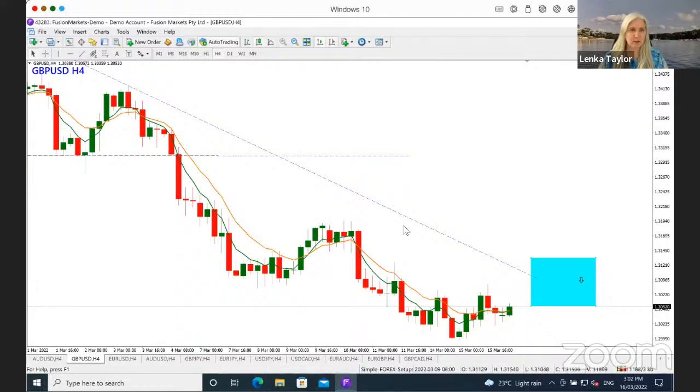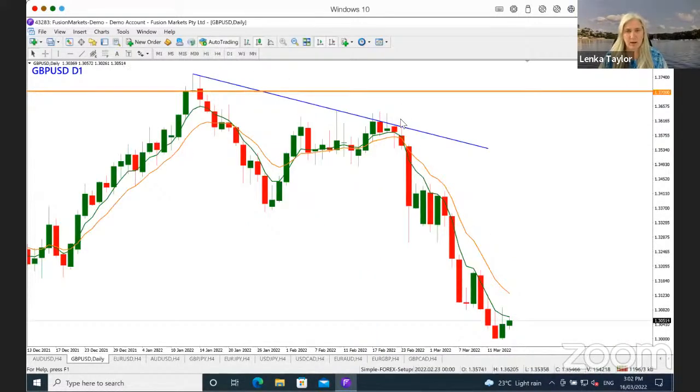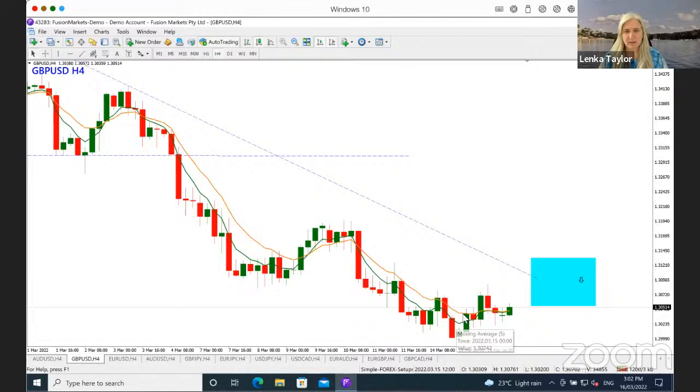So let's start with GBP USD. At the moment, I'm looking at short on this. We do have the trend at the moment going downwards. It is plateauing out. So I would like to see the price go a little bit sideways, if possible, a little bit further up to meet this trend line here.